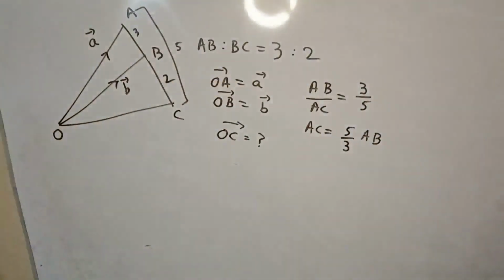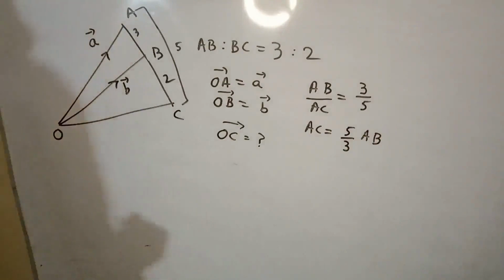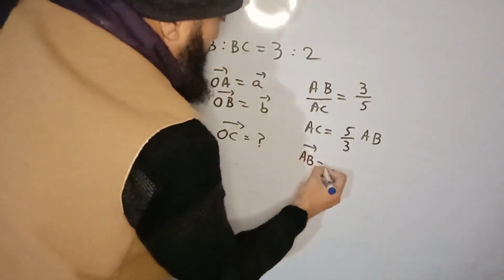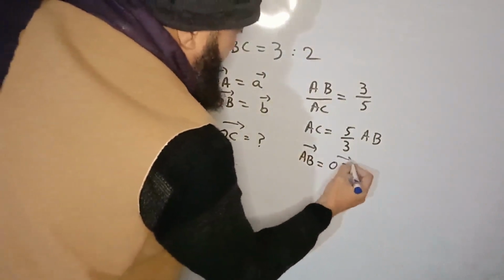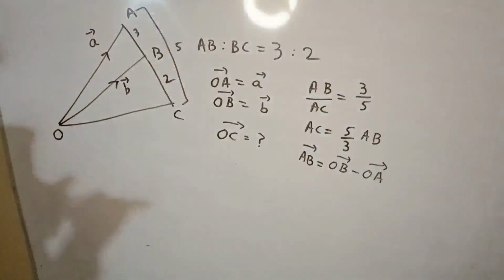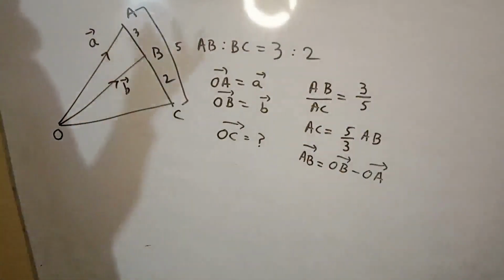Now the AB vector is equal to OB minus OA. This is the triangular law of vector addition. This is a trick.